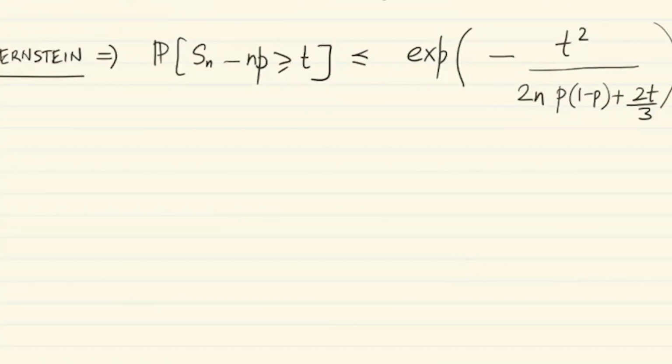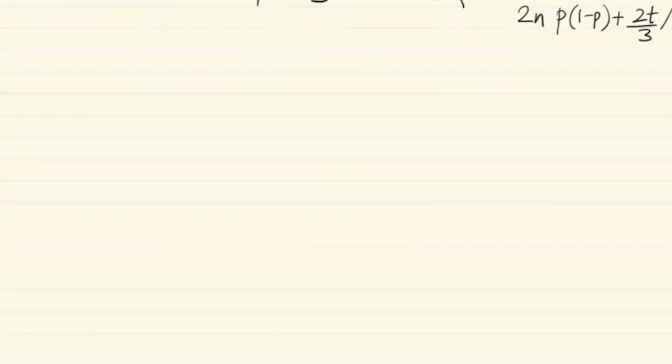It's a little more transparent if we try to find the delta form of Bernstein's inequality in a somewhat more tedious manner. So to find the delta form, we need to equate the right hand side of this inequality to delta and solve for t.